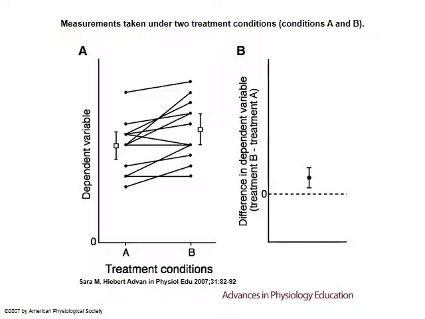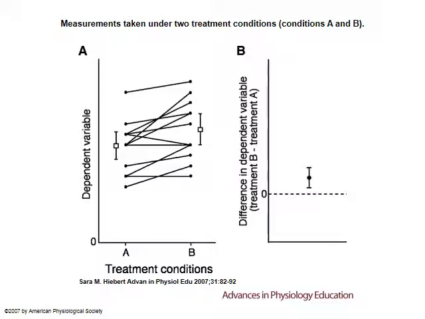To demonstrate how a within subjects or paired treatment design can be beneficial, this shows the difference between taking into consideration the within subjects versus not taking it into consideration.